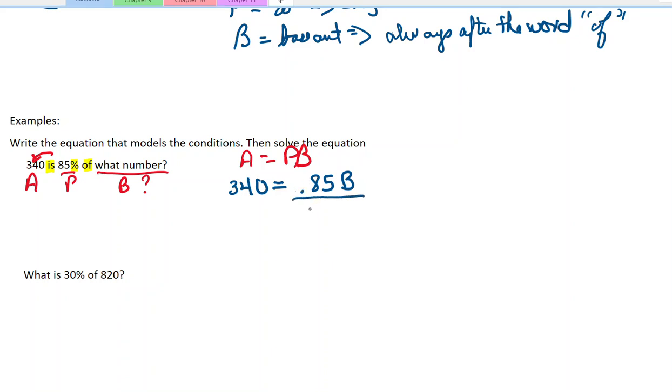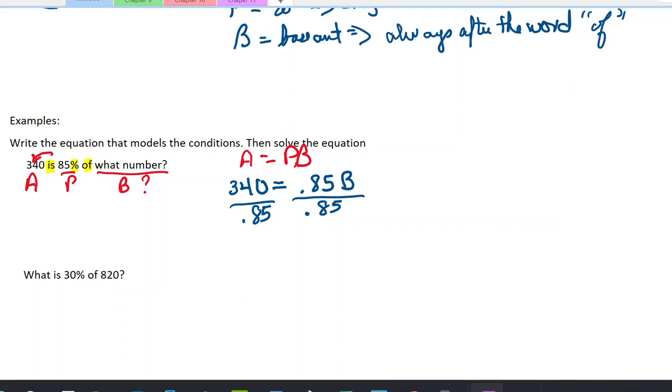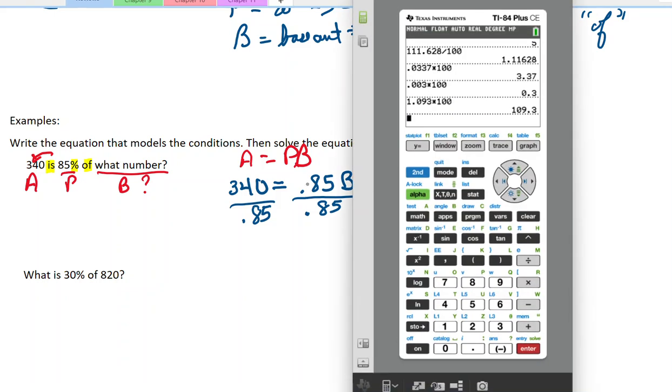So I undo multiplication by, that's right, division. Okay, so I'm going to take my calculator. Now remember, these cancel out, so we'd only have B on the left. I'm going to have the 340 divided by the decimal 0.85, and I get a big number, 400.